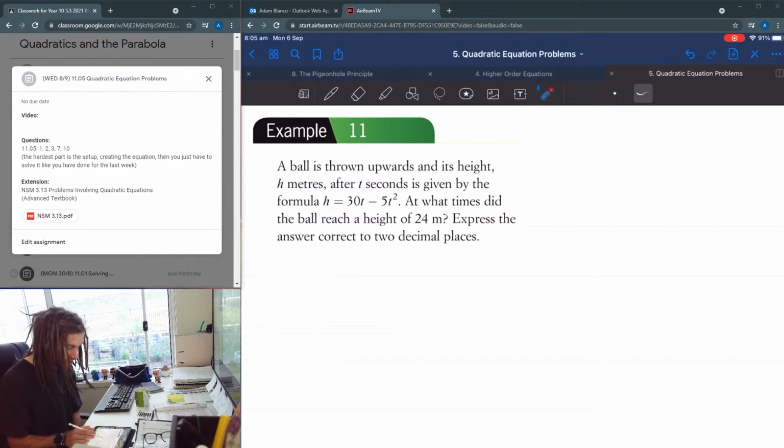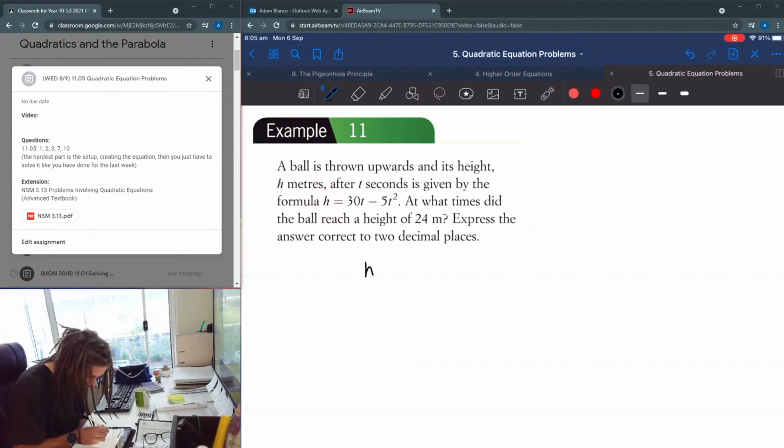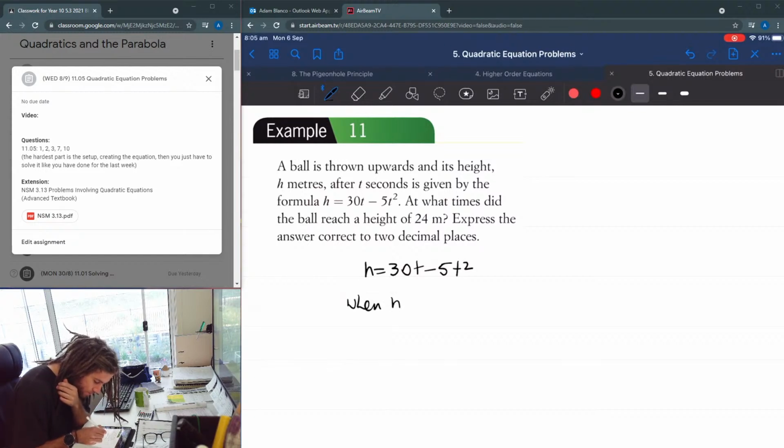It's literally as simple as, if the height is 24, what is t? Well, height is that. So h equals 30t minus 5t squared. And when the height is 24, that means 24 equals 30t minus 5t squared.